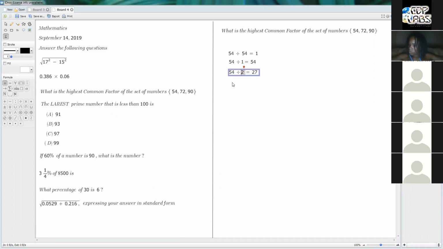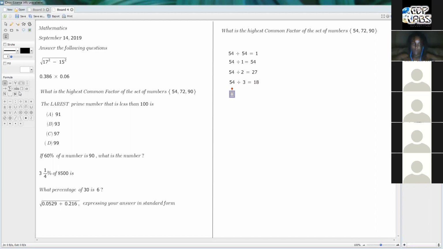Let's look for another one now. Three. So 54 divided by 3 is equal to how much? 18. That means that 3 is also a factor of 54, right? Yes, sir. Good. There's no remainder.